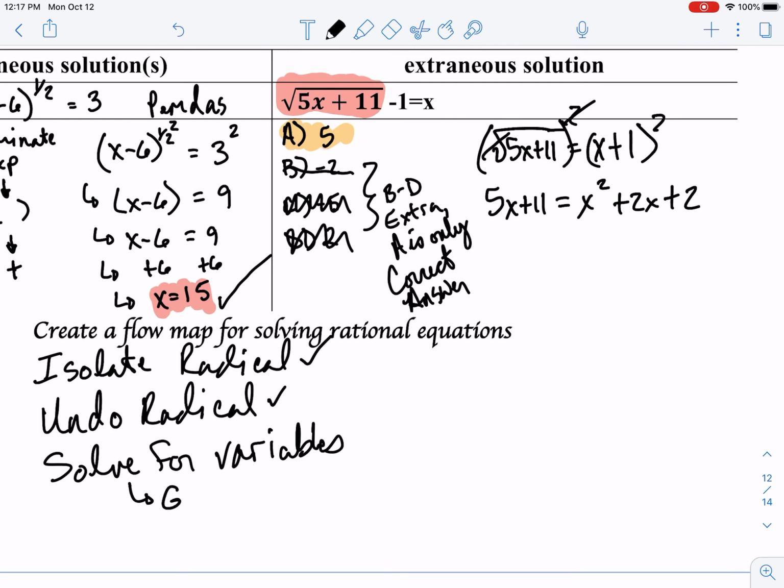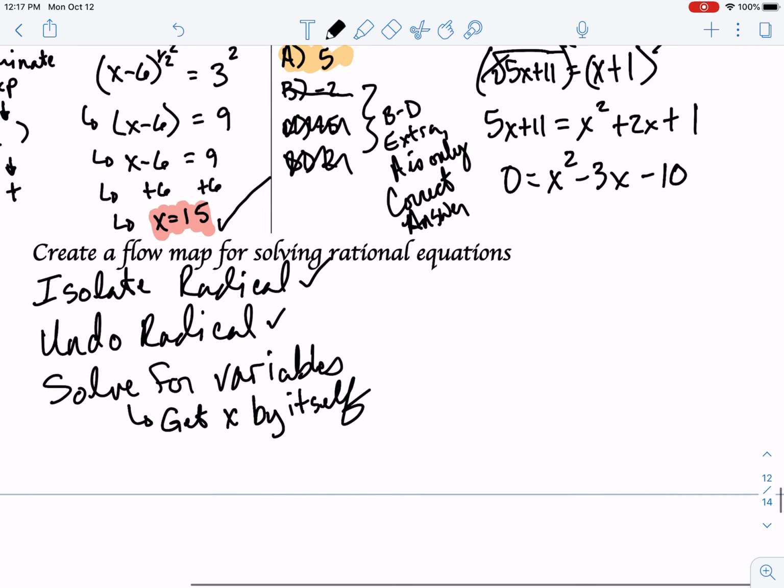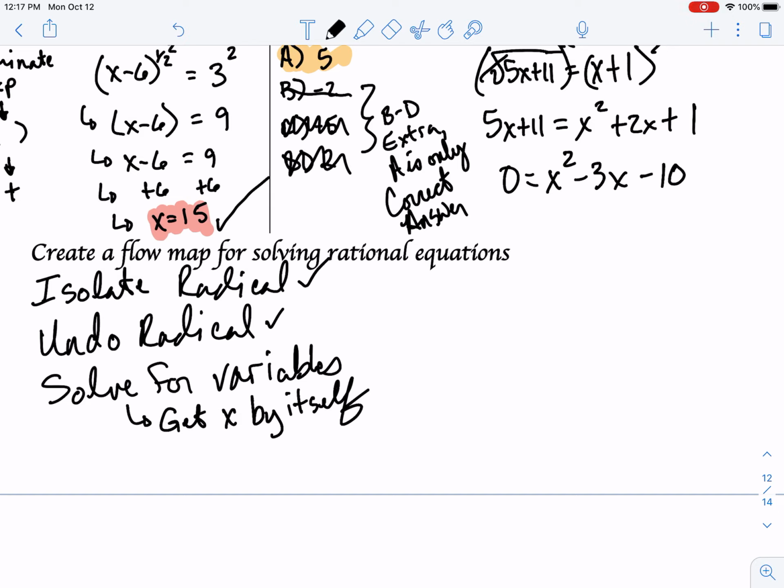So I have 0 equals x squared minus 3x, and because I didn't take my time, I messed up. That'd be minus 10. Here, I have to get x by itself, so I have to undo the factoring. x minus 5, x plus 2.